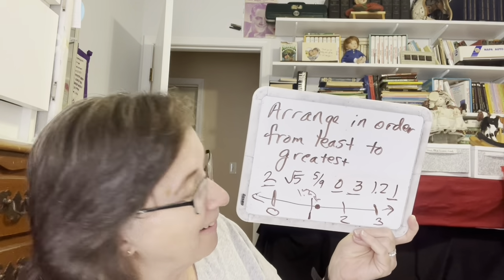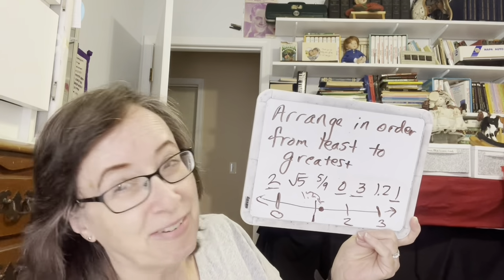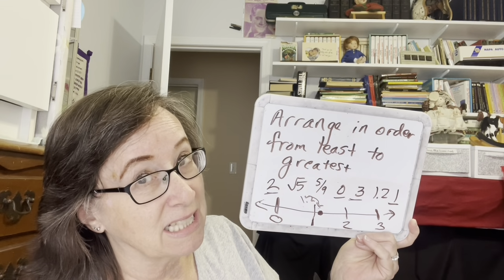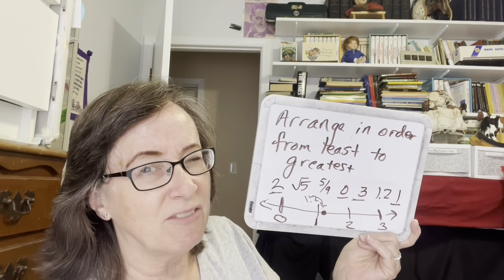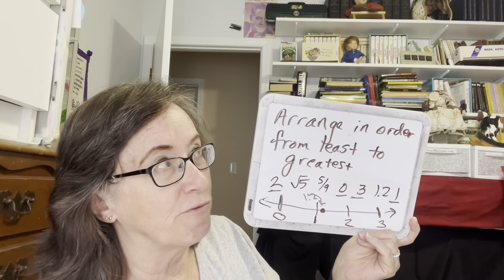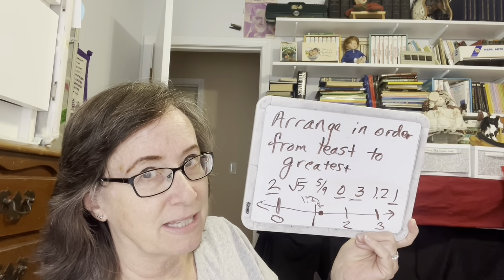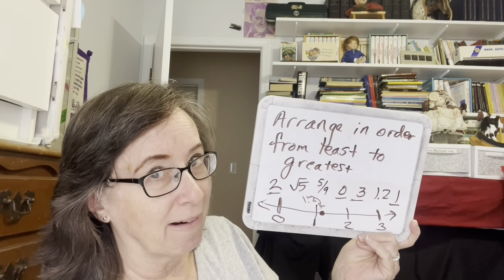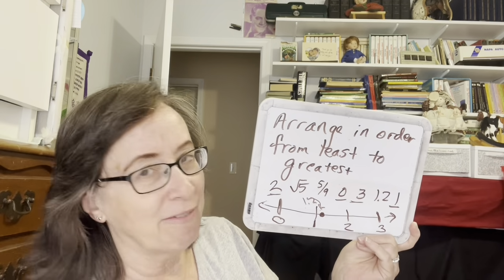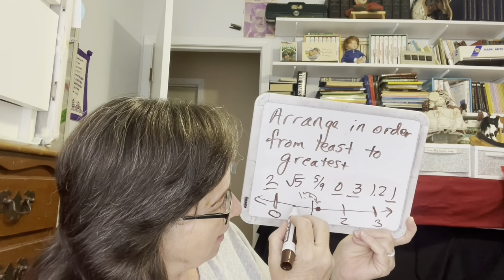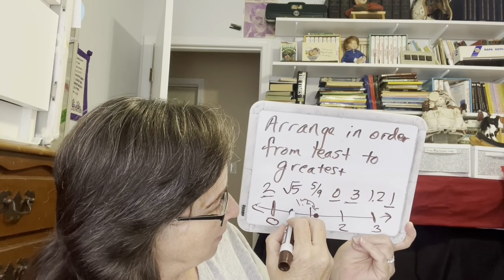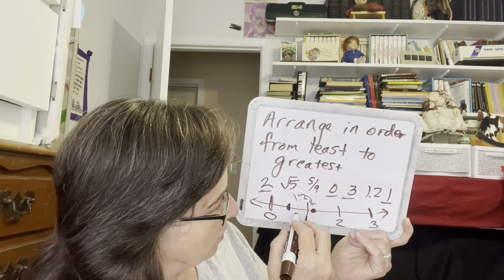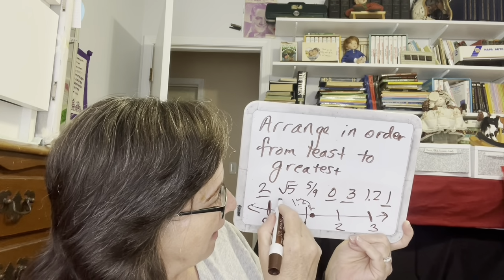Okay, and 5/9. 5/9, the numerator is less than the denominator. So 5/9 is less than 1, isn't it? And if it was 5/10, it would be a half. So 5/9 is just a little bit bigger than a half, because remember, half of 9 would be 4.5. So here's a half. So we'll just make it right here, a little bit bigger than a half. So we're going to call that 5/9.